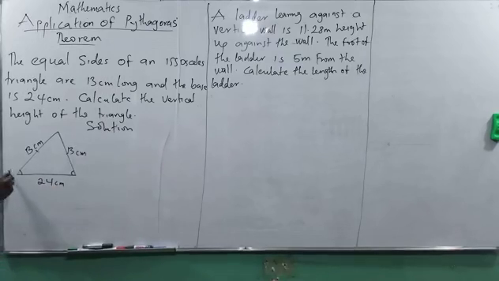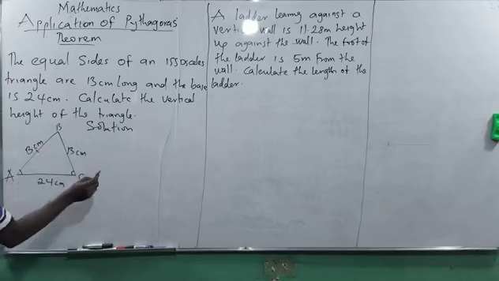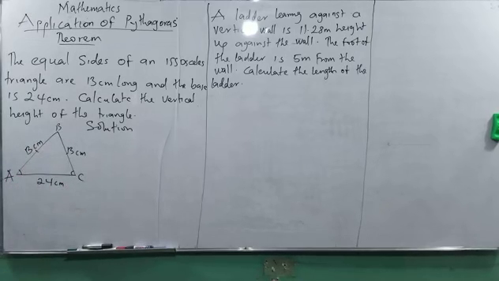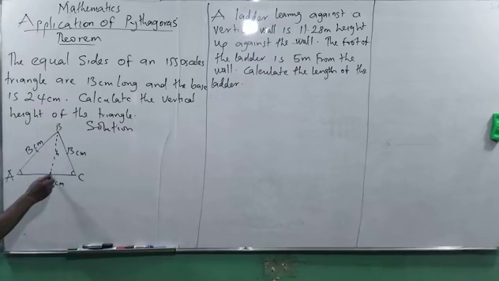If I were you, I would call this triangle A, B, C. Now, for me to calculate the vertical height, this is the vertical height that I was talking about. This is the height we are talking about, and this should be what we are looking for.